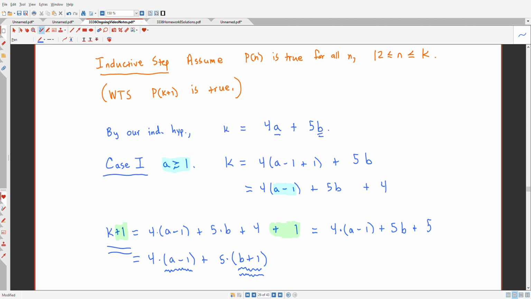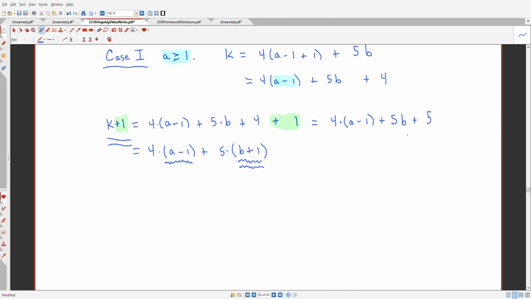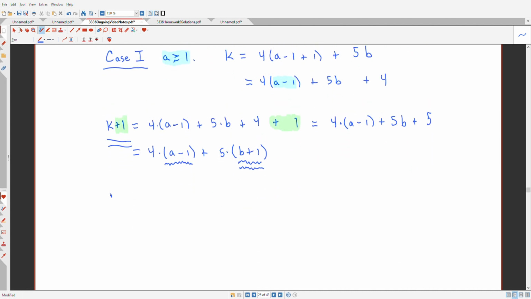Okay, so for case 1, I actually didn't use anything except that my statement was true at the previous case. So it's case 2 where the strong part of my hypothesis comes in.